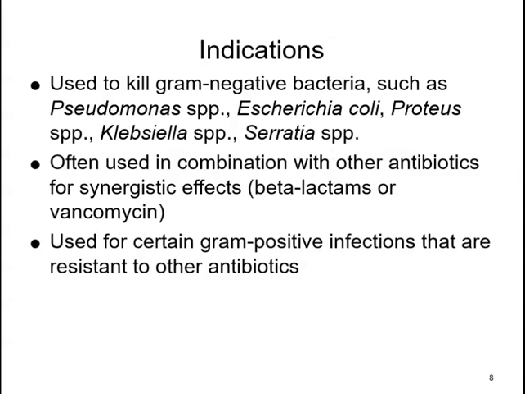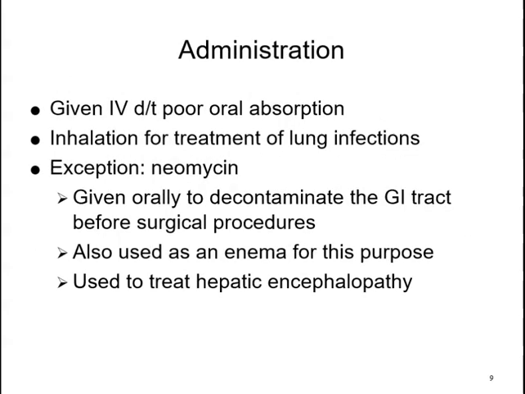All right, so let's go on about some of the administration. Many of these medications are given IV, because there's really not a good amount of oral absorption. The exception to that rule really is neomycin, which can be given through the GI tract, and we spoke about that in a previous slide.